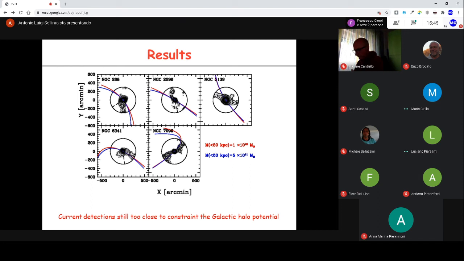This could be useful because one could constrain the galactic potential, taking advantage of the fact that you observe many clusters in many different directions and locations inside the halo. So you can constrain not just the mass of the halo, but also its flattening, for instance.